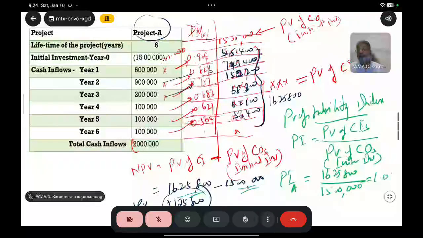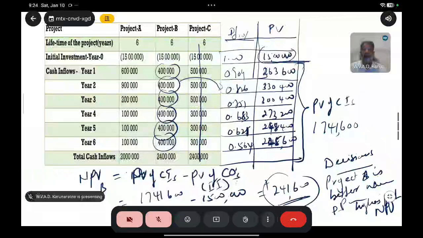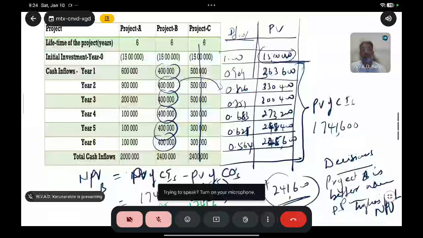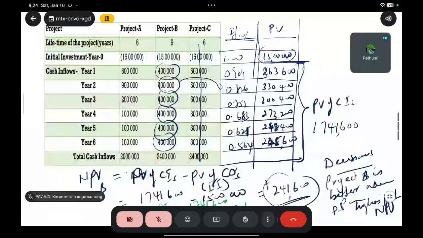Then for project B, profitability index equals 17 lakh 41,600 over again 15 lakh. What is the answer? 1.16.